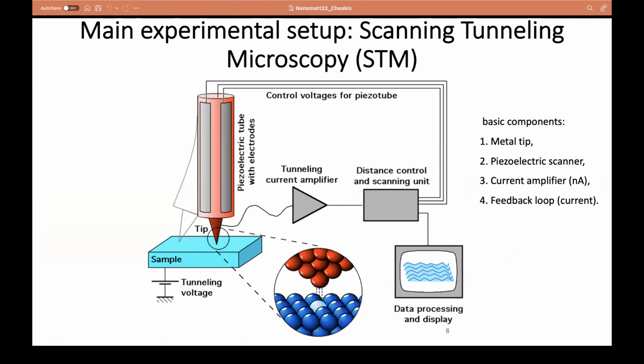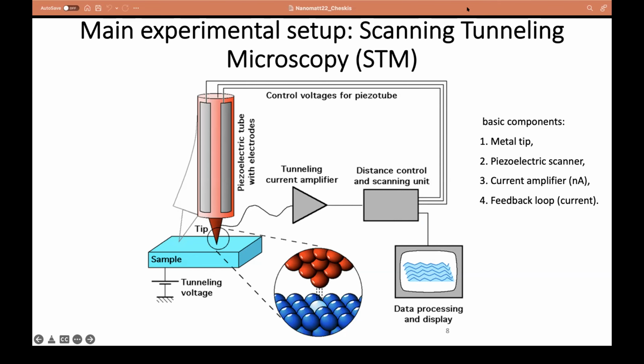So in order to study the electronic distribution and also the morphological spatial distribution of this material, we perform scanning tunneling microscopy measurements.